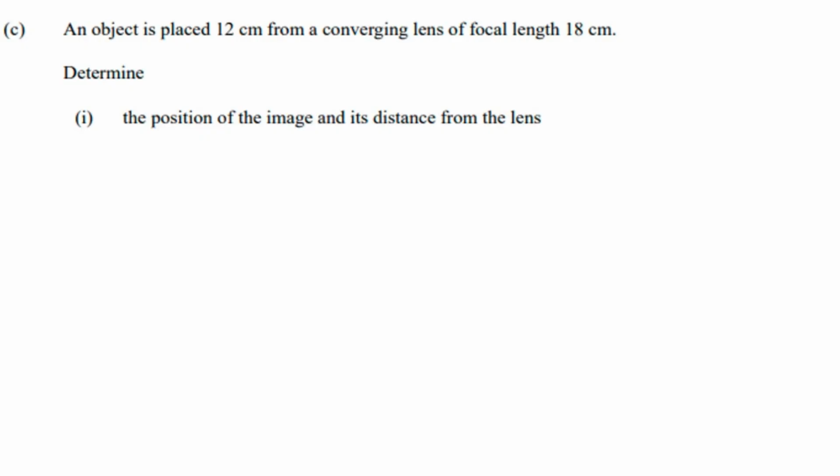But it says it's placed 20 centimeters from a convergent lens of focal length 18 centimeters. Now they want you to calculate the position of the image and its distance from the lens. You think we can do that? Yes, sir. All right, give it a try for me.